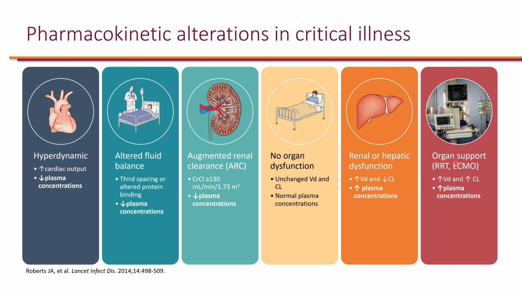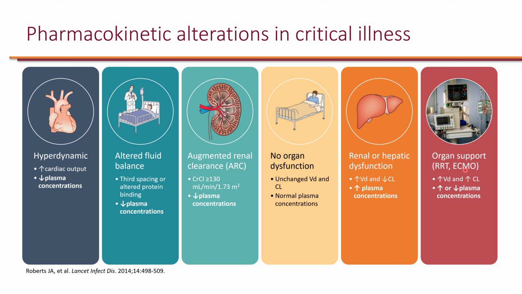If there is renal replacement therapy or ECMO, you may have increased or decreased plasma concentration. For example, if someone is on renal replacement therapy, essentially the kidneys are not working, so you may have increased plasma concentration. It also depends on the settings of the dialysis and how well it's clearing the drug. So you may have increased or decreased plasma concentration.